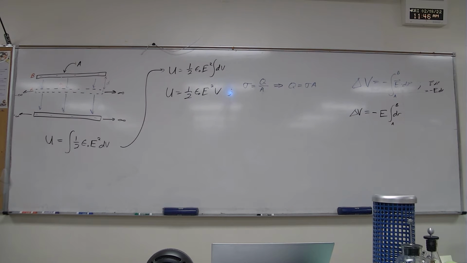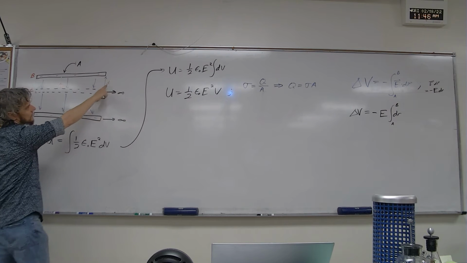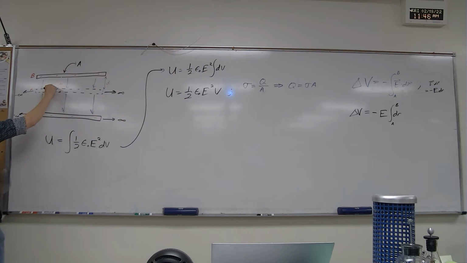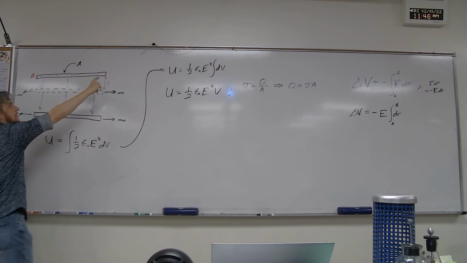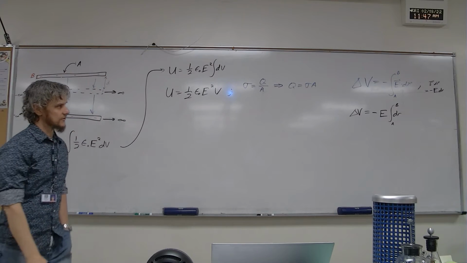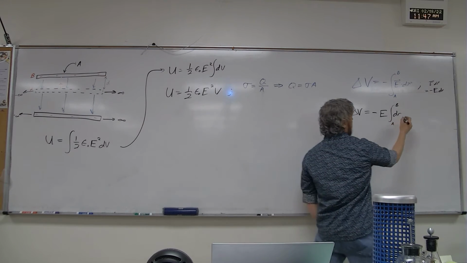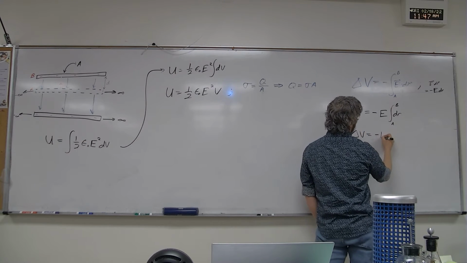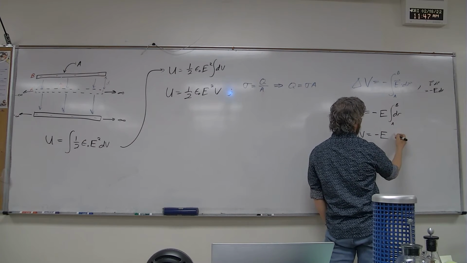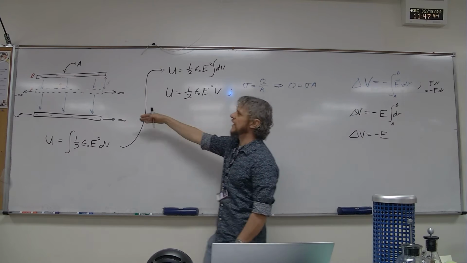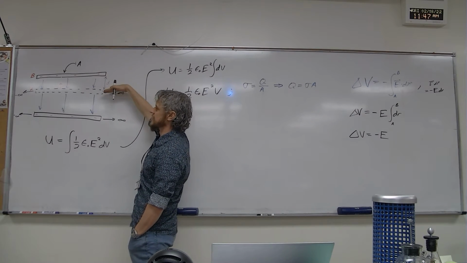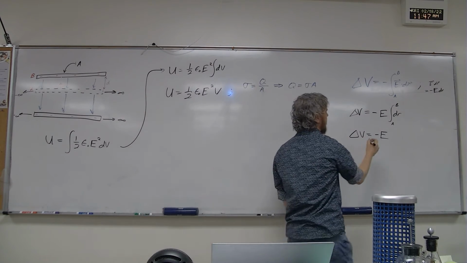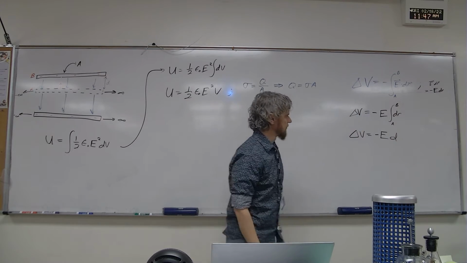It would be R if I called that R, but it's going to be D, right? When I add up all the infinitesimally small displacement vectors, their length is going to be the total distance, total plate separation. So this is just negative E times final position minus initial position. But it ends up being this, right?